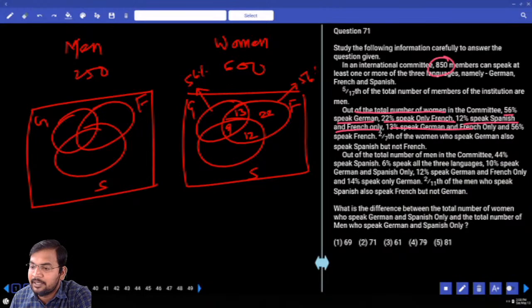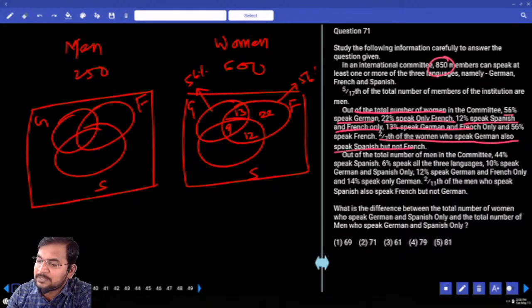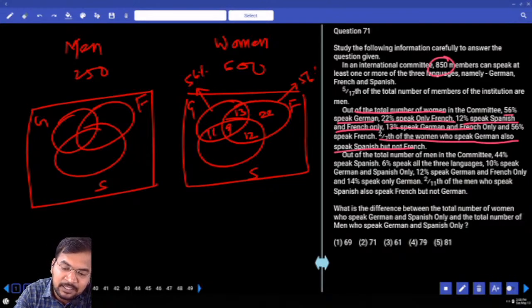Next, 2/7 of the women who speak German also speak Spanish but not French. Now 2/7 of 56 is 16. That 16 speak German and Spanish but not French. Now 16 plus 9 is 25, 25 plus 13 is 38. If you subtract 38 from 56, remainder will be 18, only German.